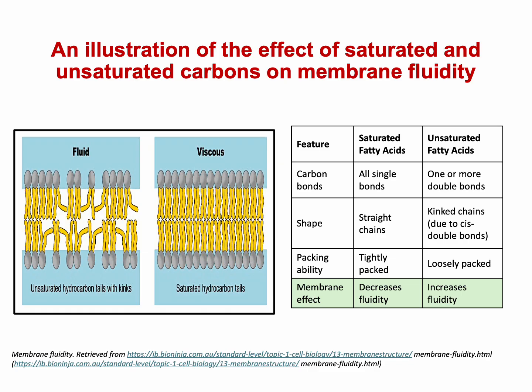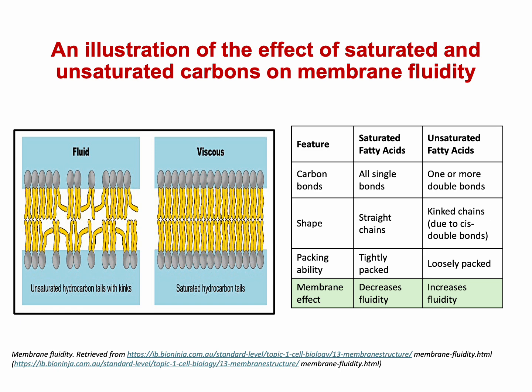Now, the fluidity of the cell membrane is influenced by whether the fatty acid chains in the phospholipids are saturated or unsaturated. As you can see, saturated fatty acids have straight chains, on your left, that fit closely together, resulting in a stiffer membrane.